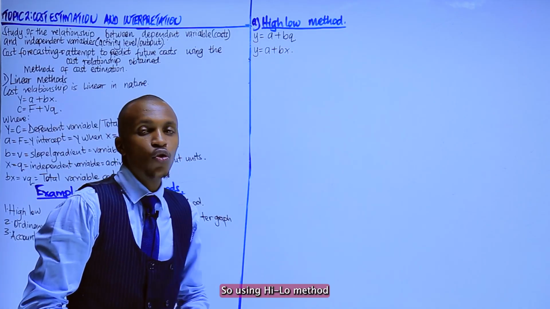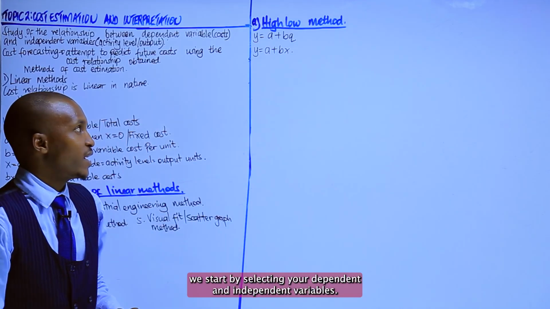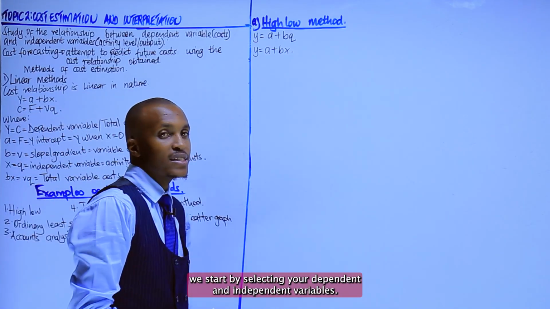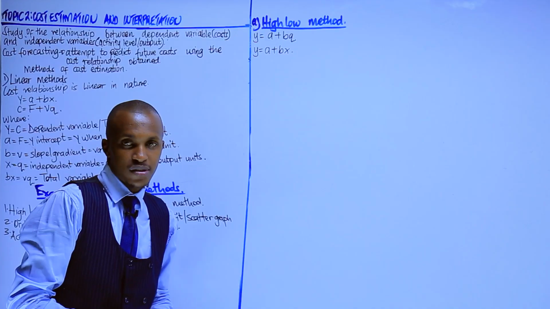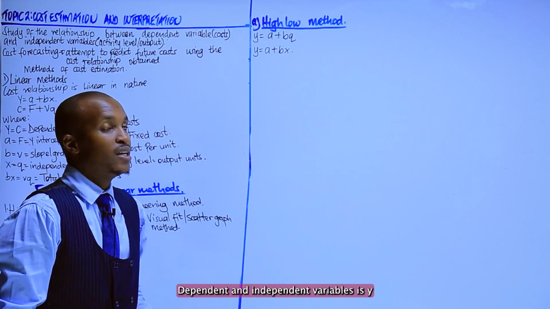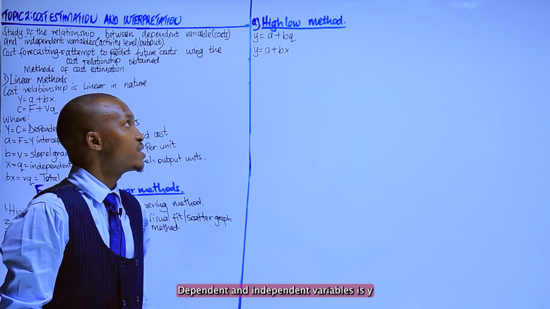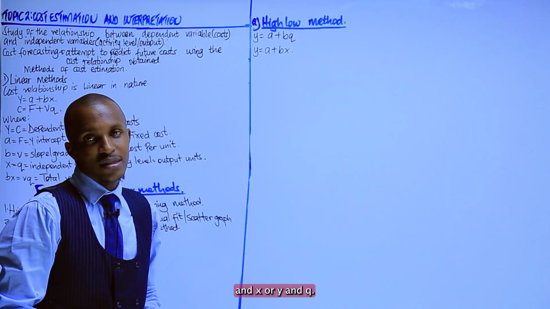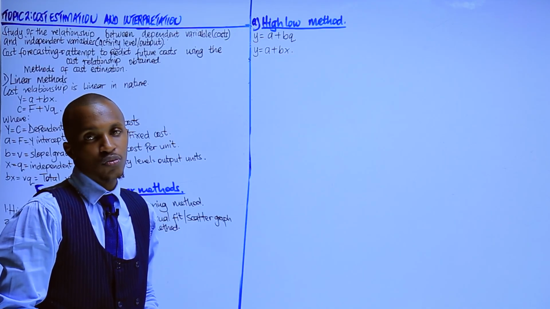So using the high-low method, we start by selecting your dependent and independent variables. Dependent and independent variables is y and x, or y and q.